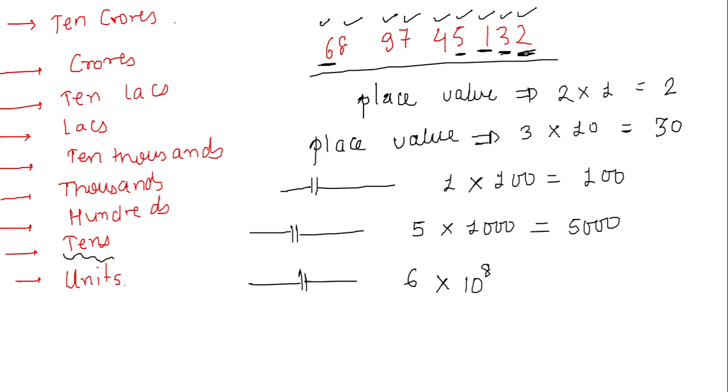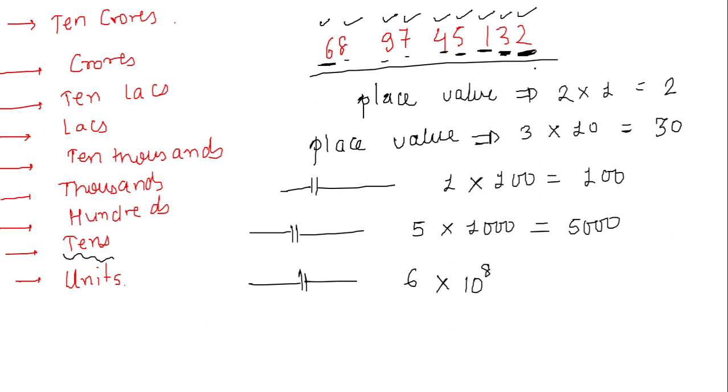Why? This is first one time, that is we have multiplied it by 1. This we have multiplied with 10, this with 100, this with 1000, this with 10,000, this with lakh, 10 lakh, crores and 1 crore. And in 10 crore, if we try to understand, there are how many zeros, there are 8 zeros.